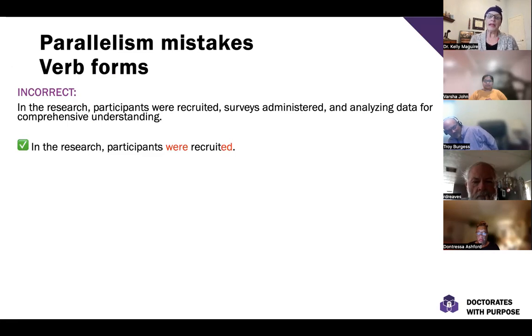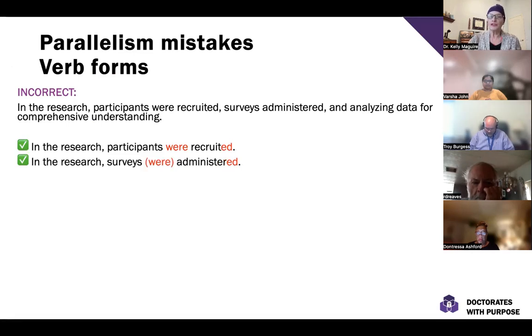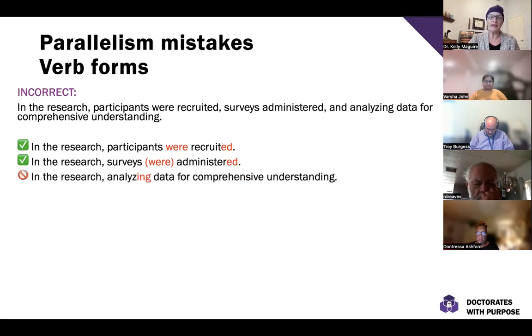In our first part, we have "In the research, participants were recruited." So far, so good. "In the research, surveys were administered." We can kind of say that "were" carries over and it still fits. So that part looks good. But it's the third part that starts to get a little wonky. "In the research, analyzing data for comprehensive understanding." So we know that's where the error is.